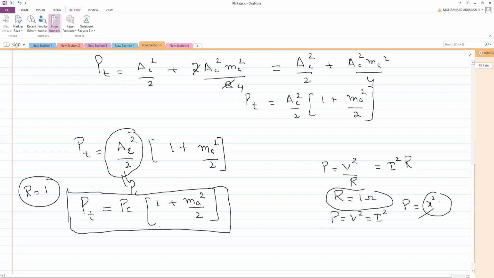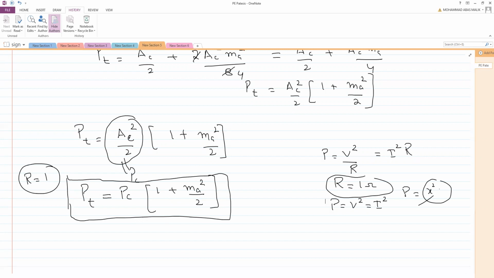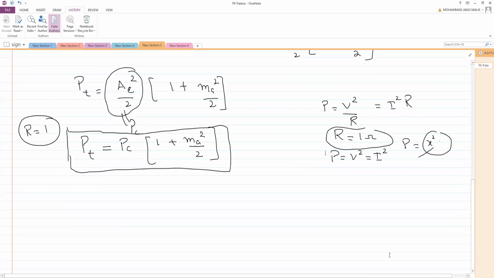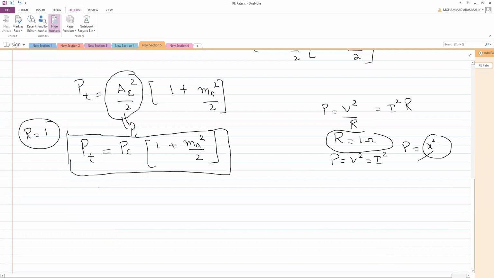Now we will conclude a few points. Can I say here that carrier power is independent of modulation index? Because carrier power is equal to AC square by 2. The MA term, that's also sometimes called mu, does not appear in this equation.